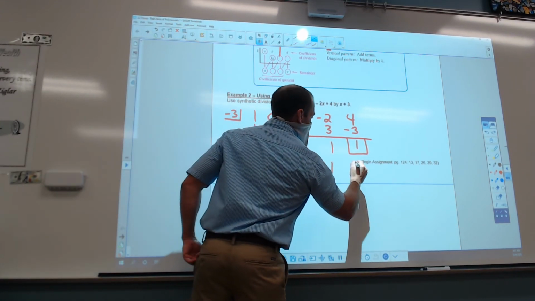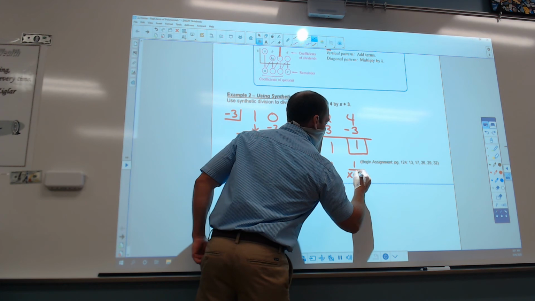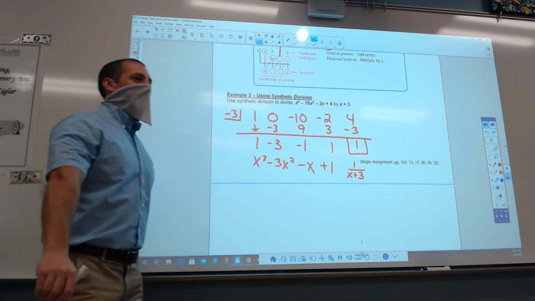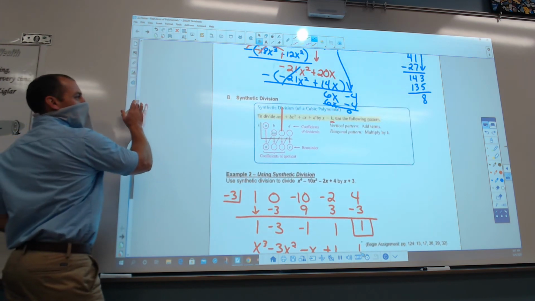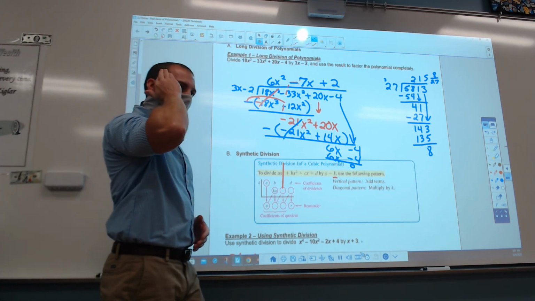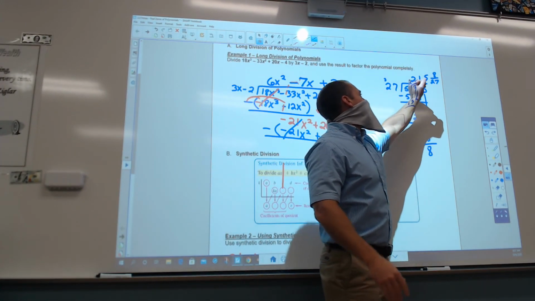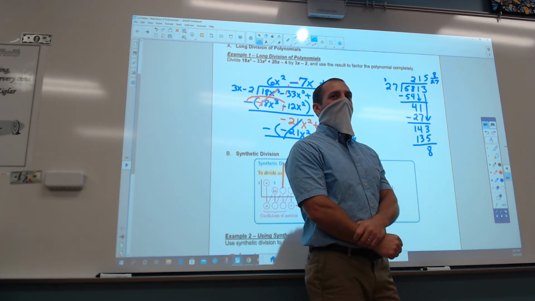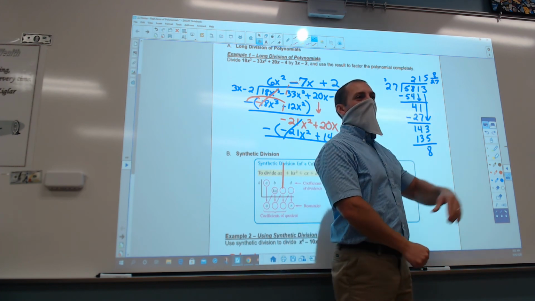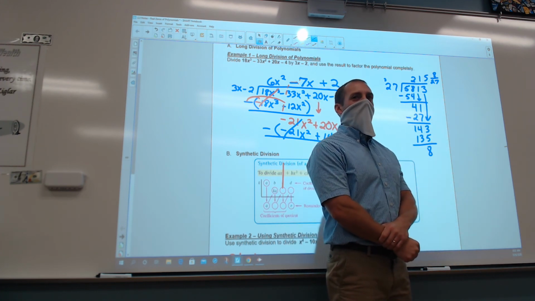So it's 1 over x plus 3, but that's not right yet. Let's do one more thing. What's understood in your brilliant mathematical mind? What's understood to be between the 215 and the 8/27? Is that multiplied together? No, what's understood to be in between there?